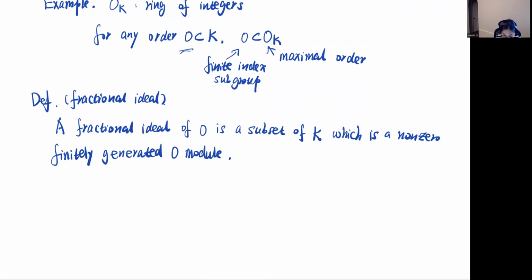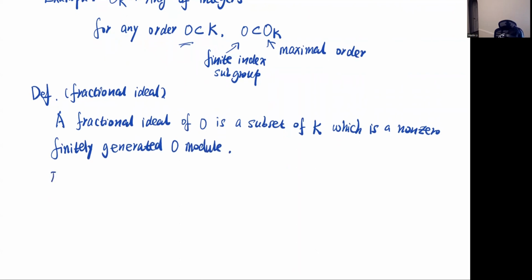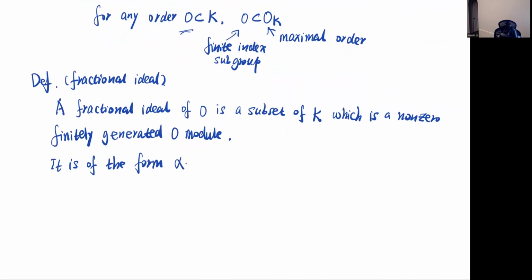Very concretely, it is of the form alpha times A for some alpha in K star, and A is an O ideal.